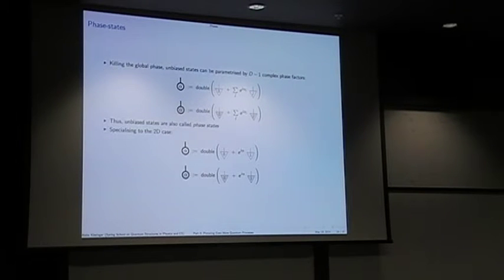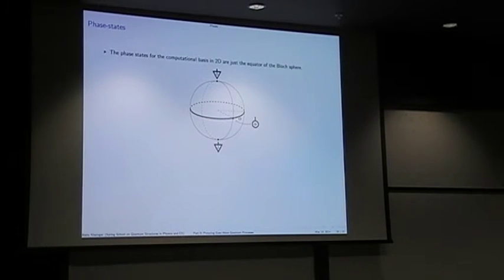Specializing to the 2D case, the phase states look like this. This is the phase states for the computational basis and for the plus basis. And on the Bloch sphere, these just live on the equator.